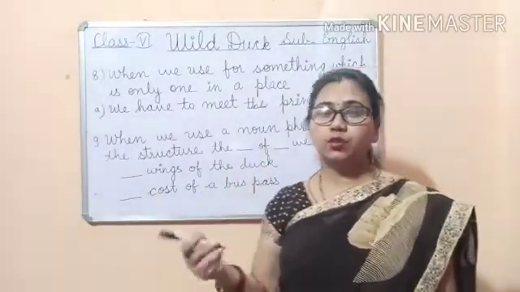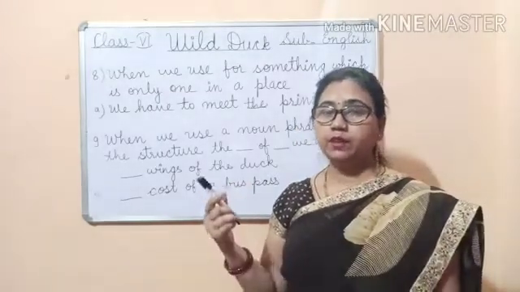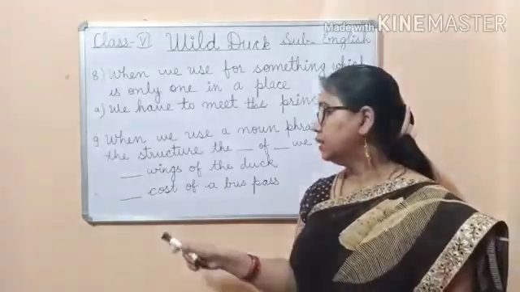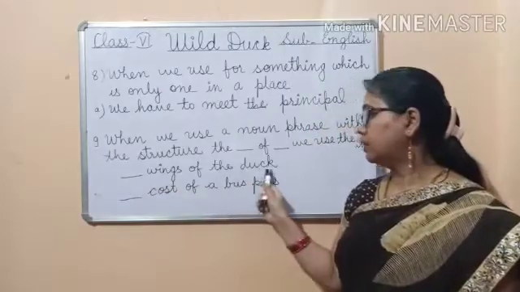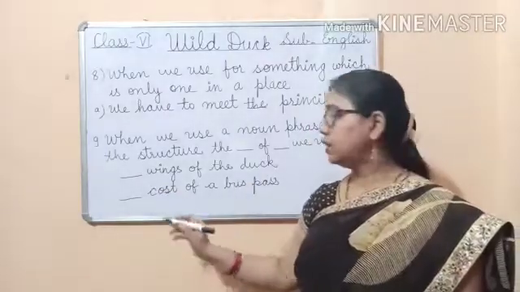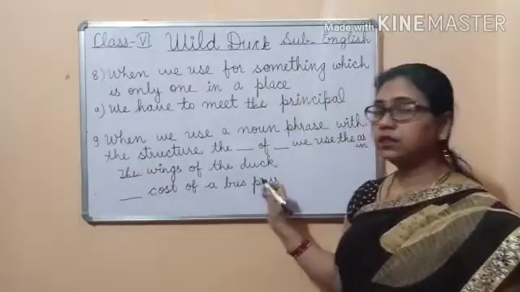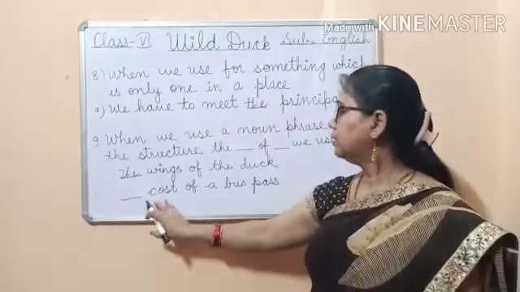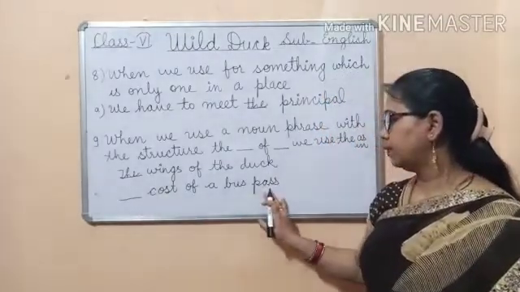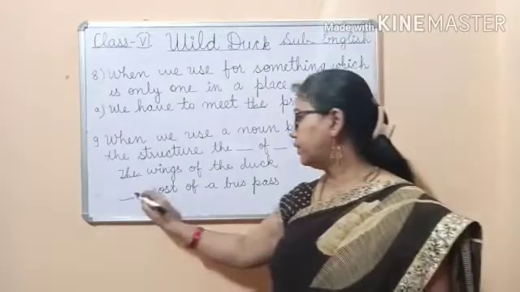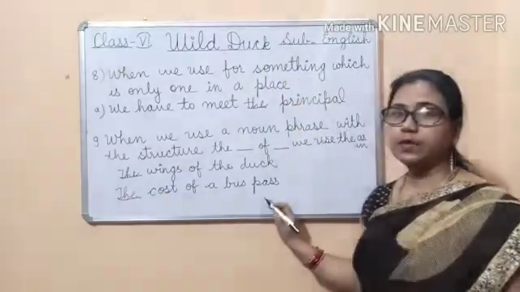Phrases are, as you know, groups of words without any verb in the sentence. So in this phrase, dash wings of the duck, we will use here "the wings of the duck". Another example, dash cost of a bus pass. We will use here "the cost of a bus pass".